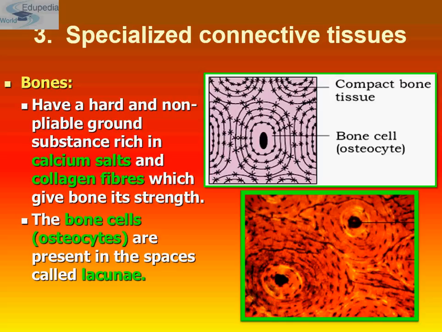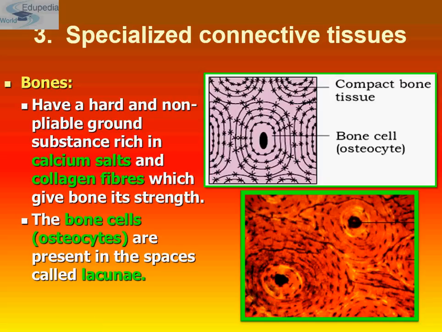The bone cells, which we also call osteocytes, are present in the spaces called lacunae. These are your lacunae. This is your microscopic view. And this is just the diagrammatic view, that this is your osteocyte, which we also call a bone cell, and they are enclosed in spaces which we call lacunae.